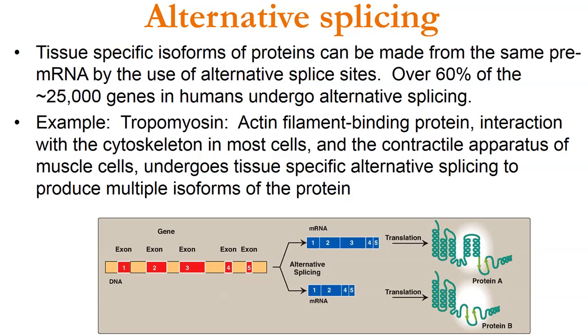Because of that process, we can actually join different exons together, and therefore generate a diversity of proteins from a single gene.